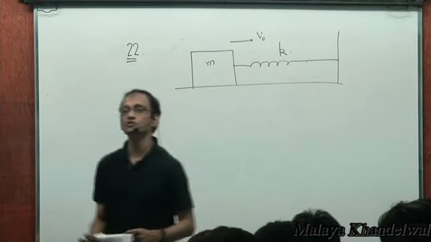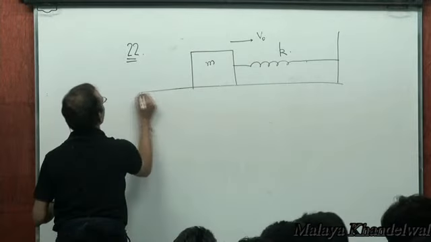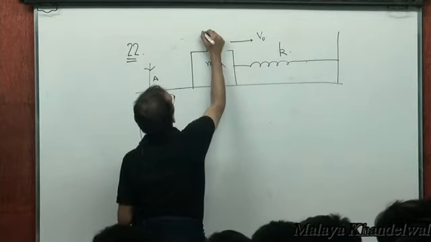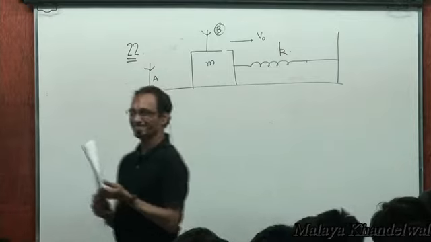So there are two observers, one on the horizontal surface, A. Say there is an observer A here, and there is an observer B here. Assume this observer is massless. Okay?